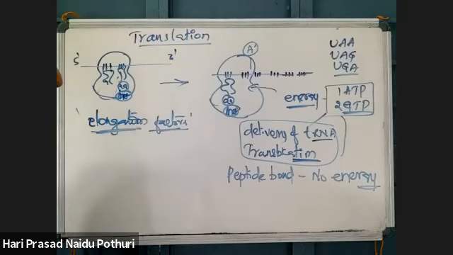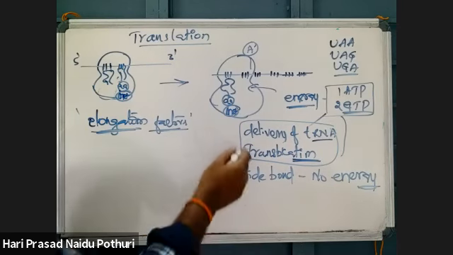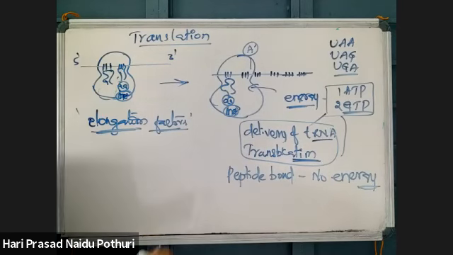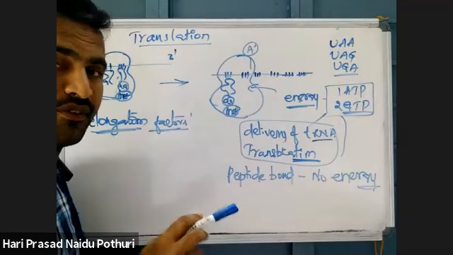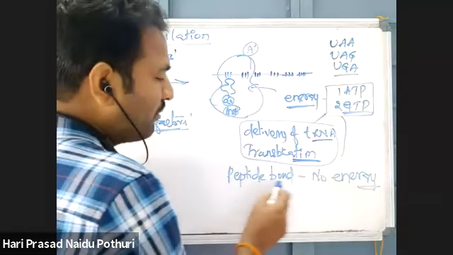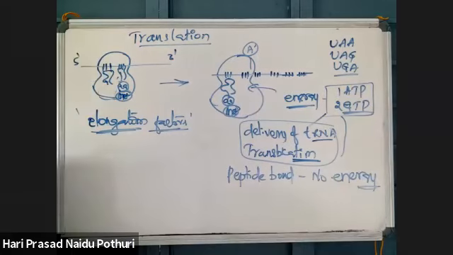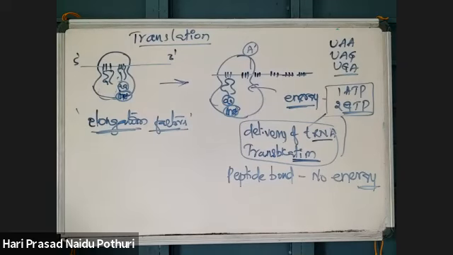Overall, the two reactions, delivery of tRNA and translocation, need energy, whereas peptide bond formation does not need energy. No energy is needed for peptide bond formation.